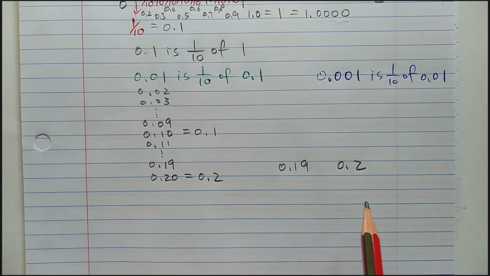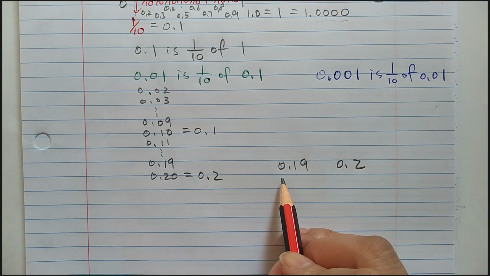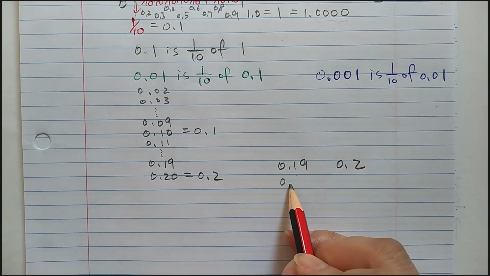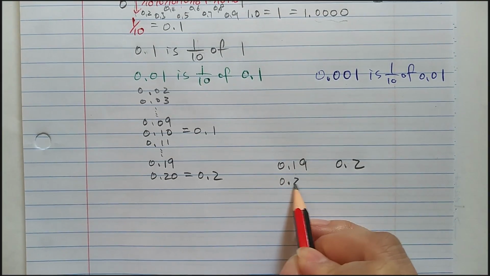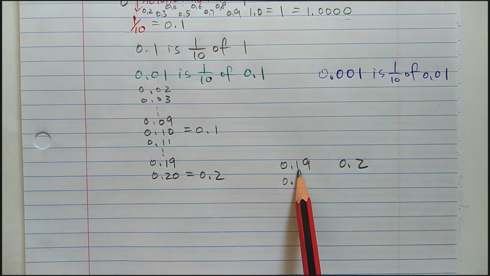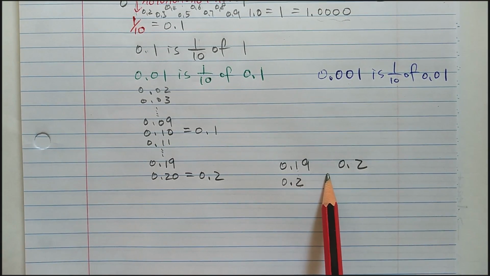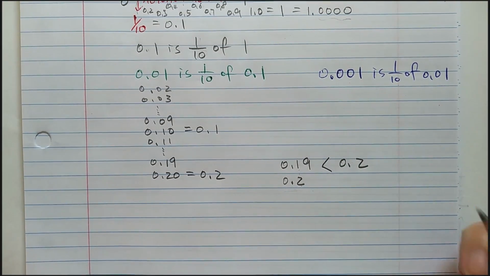When you compare decimal numbers, you have to compare from the leftmost digit. So stack up the numbers along the decimal point, like so, and 2 is bigger than 1, so it doesn't matter what's following here, this number is bigger.